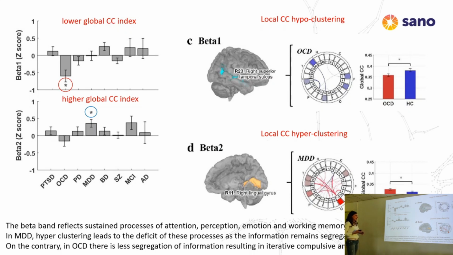So, in major depressive disorder, hyperclustering led to a deficit of these processes because the information is segregated in local circuits. To the contrary, in OCD groups, there is less segregation with a spread of information to other brain regions, resulting in iterative, compulsive, and obsessive behavior.